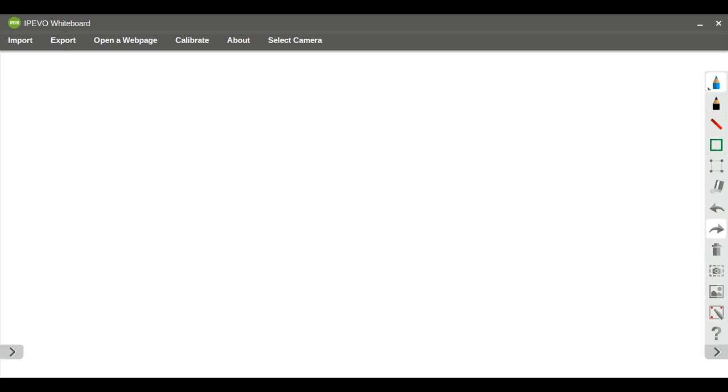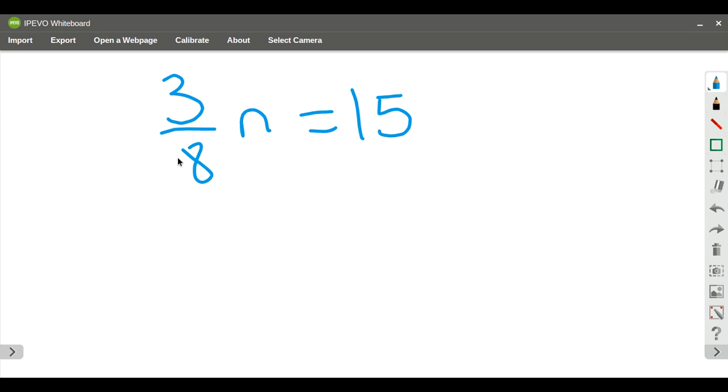In fact, our first problem is going to be 3/8 n equals 15. In order to get rid of a multiplication relationship, we typically divide. Well, our inverse operation for fractions, and for fractions only, when I have a multiplication relationship, is to multiply by that reciprocal.